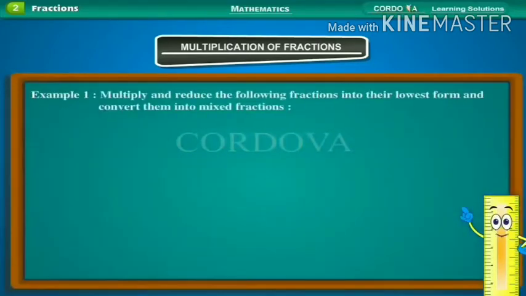Example 1. Multiply and reduce the following fractions into their lowest form and convert them into mixed fractions. 5 into 4 upon 9, 2 upon 3 into 4.